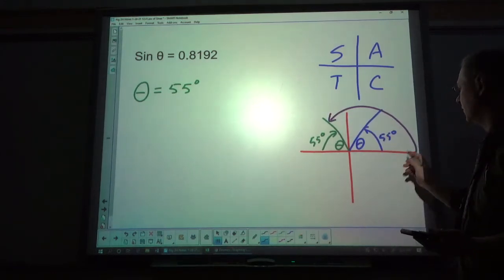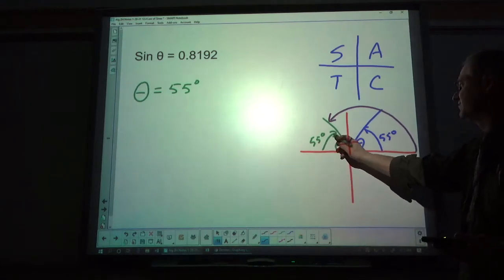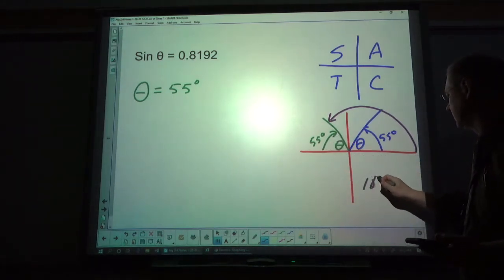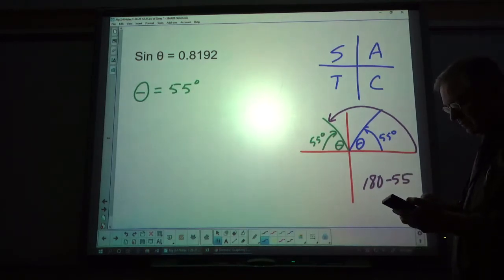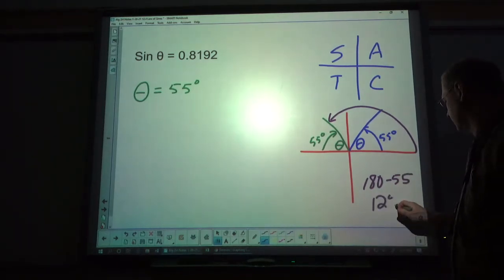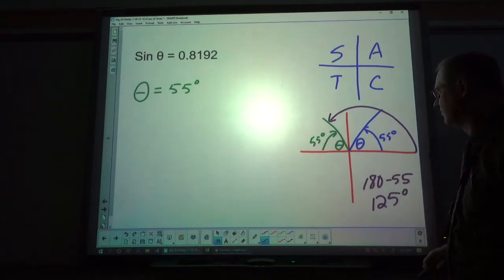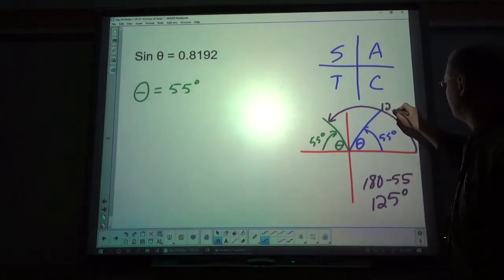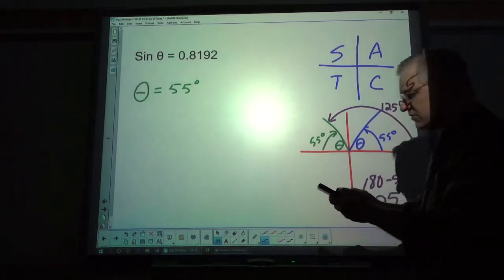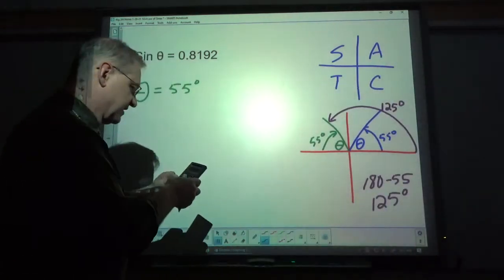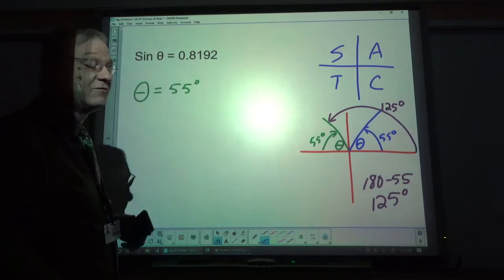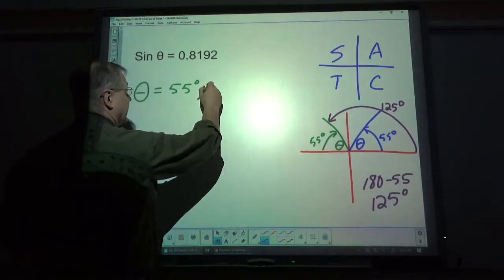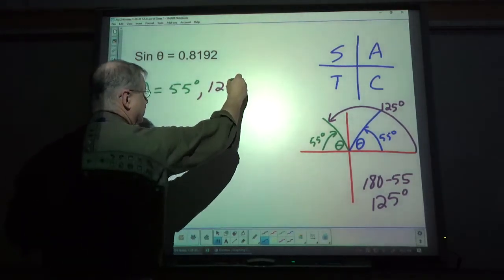Well, 180 minus 55, what's that, 125? I could do that in my head, yes. So this angle is 125 degrees. And it turns out if you do the sine of 125 degrees, it comes out to this same value. So the other answer is 125 degrees.